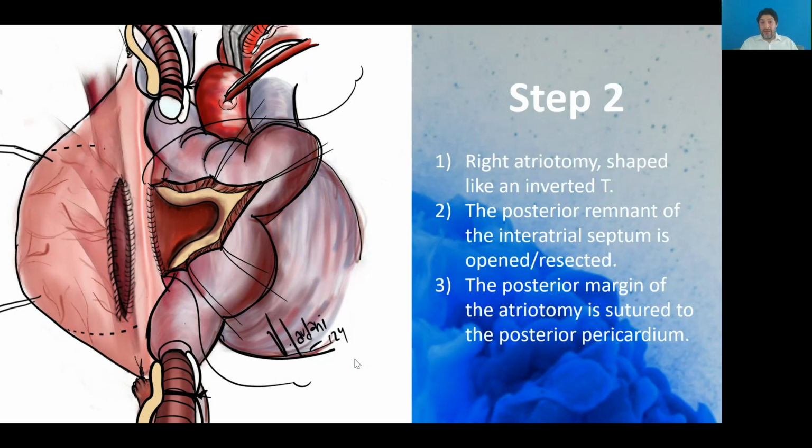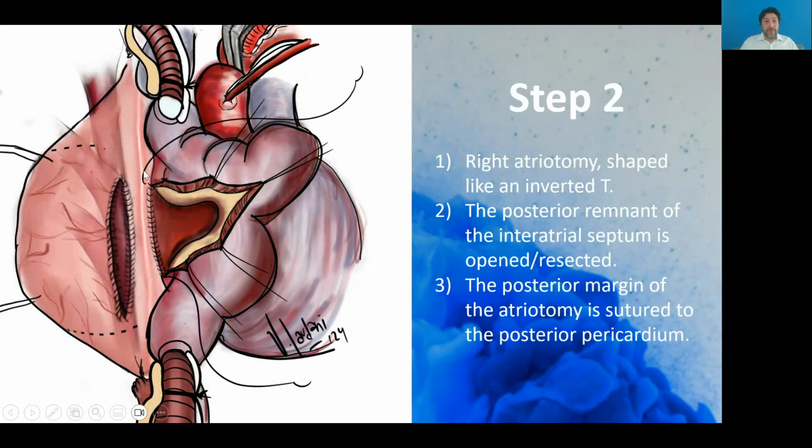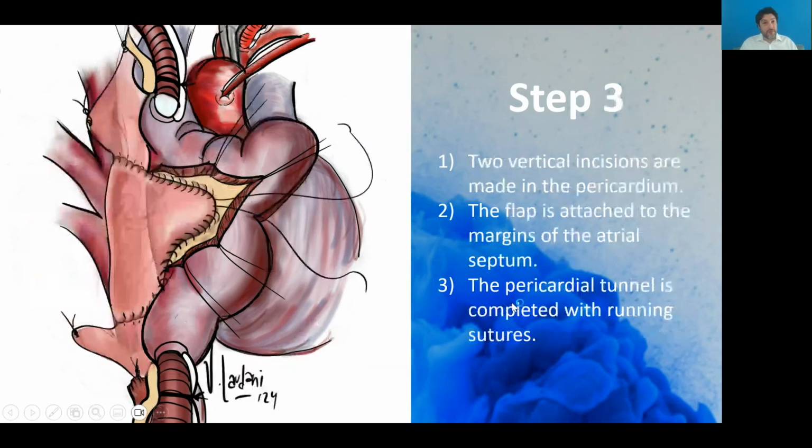Then the posterior remnant of the interatrial septum is opened or resected. So you build a wide connection between the pericardial sac and both atria. And the posterior margin is then sutured to the posterior pericardium.